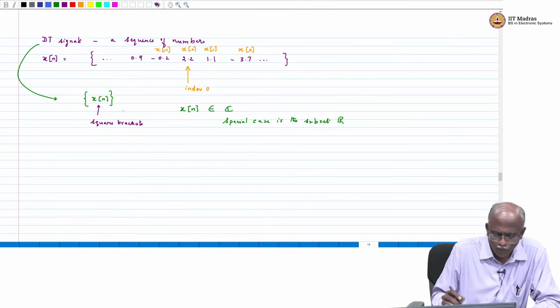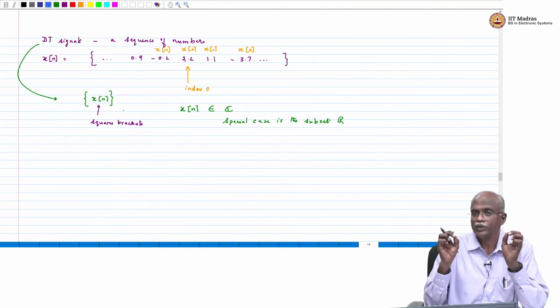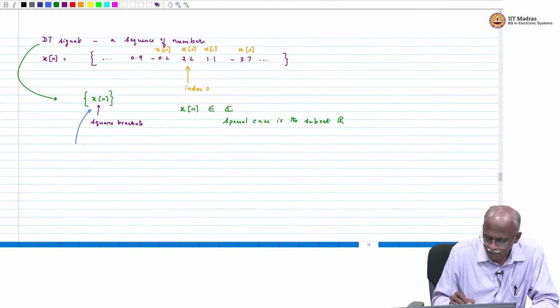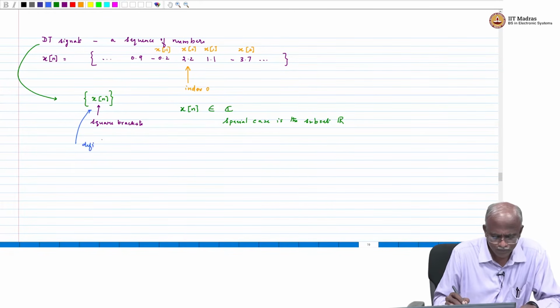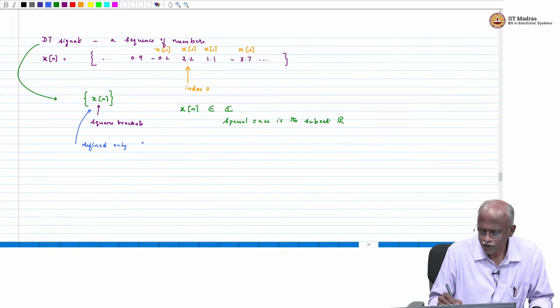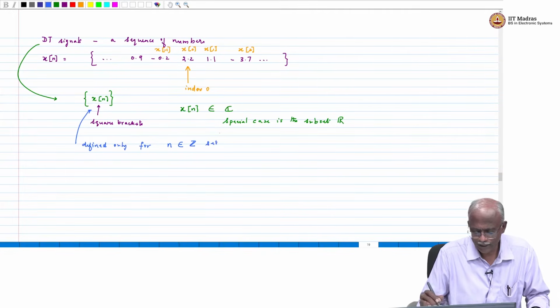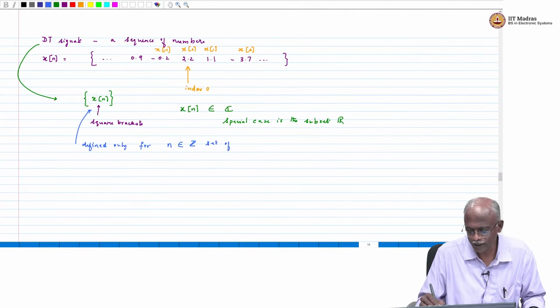Now we are also going to mention that a discrete time signal x of n is defined only for integer values of n, n an element of Z. This is the set of all negative and positive integers, the set of integers.